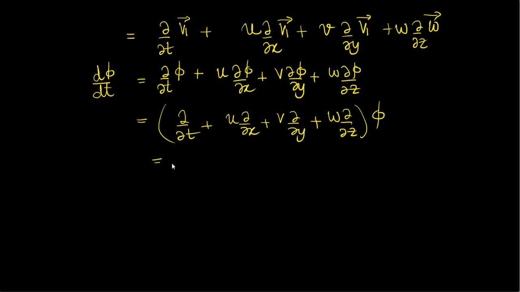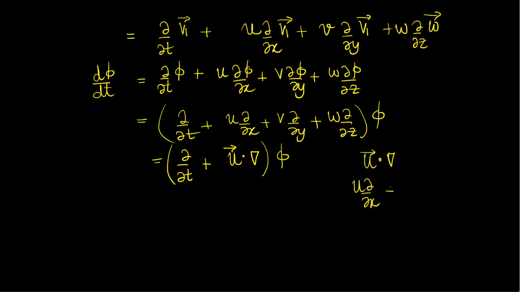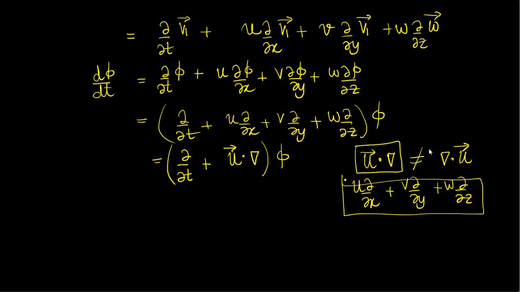And those of you who are very observant, I can write this as del t plus u vector dot nabla acting on phi, because u vector dot nabla will be u del x plus v del y plus w del z, and it is not equal to the divergence of the velocity. This is an operator, while this is a scalar.